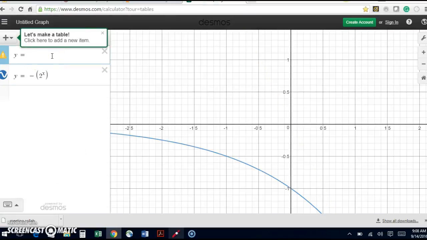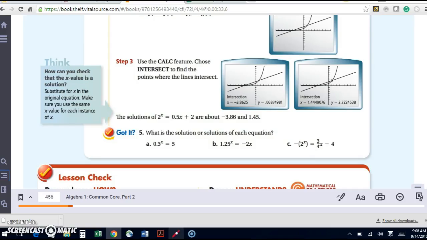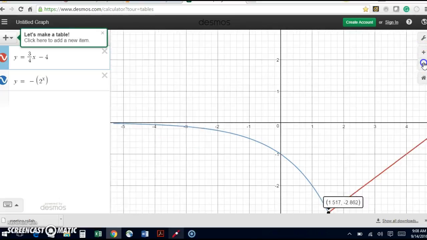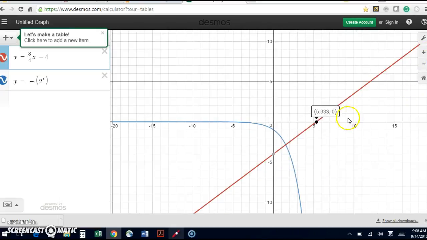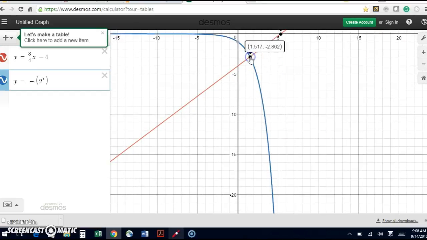So I have y equals 3 divided by 4 x minus 4. There we go. And I'm going to have to zoom out to see where it intersects. And it only intersects at one place. And it looks like x equals 1.5 and I round to 2.